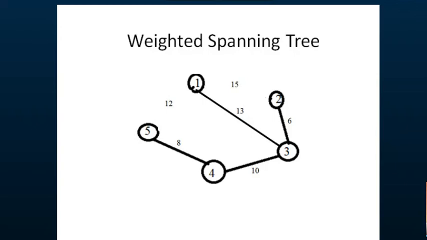Since it is weighted, that is, a value or cost is given, how can we find the minimum cost, that is, the lowest cost spanning tree? Since among all the spanning trees, one of them has minimum cost, how can we determine which spanning tree has minimum cost?